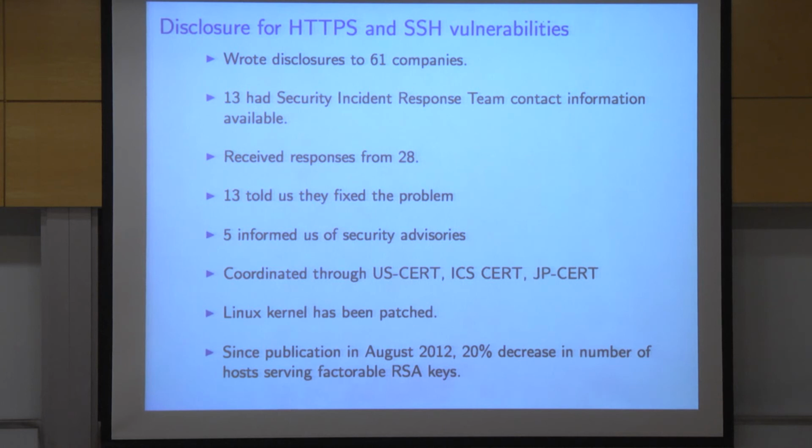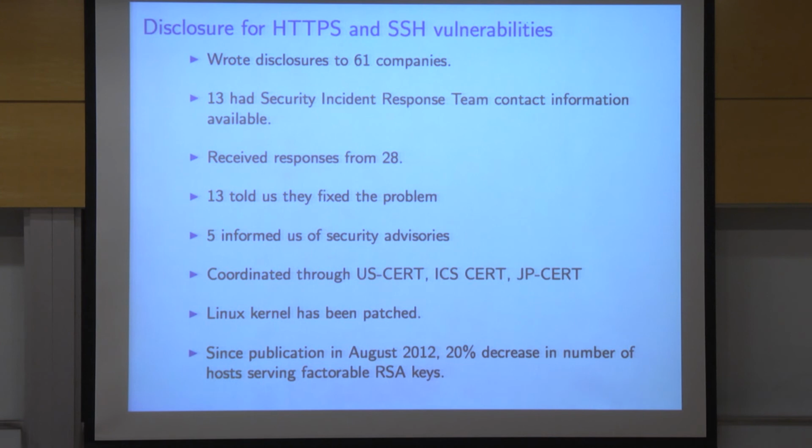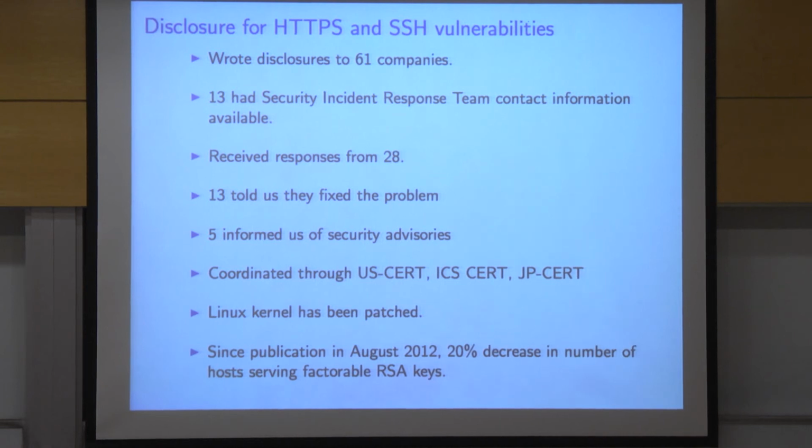So what did our disclosure process actually look like? For the HTTPS and SSH vulnerabilities, which were extremely widespread, an enormous number of companies' products were affected. We wrote disclosures to 61 companies, and it's basically everyone who's ever produced any kind of hardware.